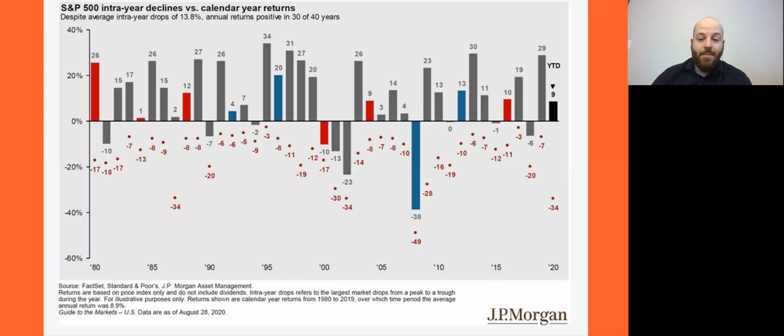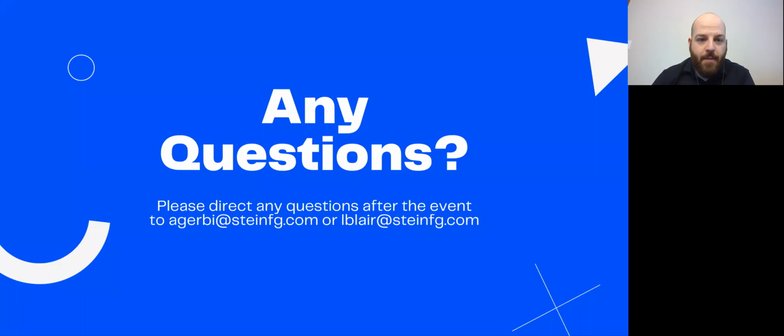We always recommend talking to us or your advisors about what to do in your particular situation. Just because we see a big sell-off, a big drop, does not mean that things won't recover. And as you can see, most of these bars are ending the year positive. So it's just something to keep in the back of your mind.